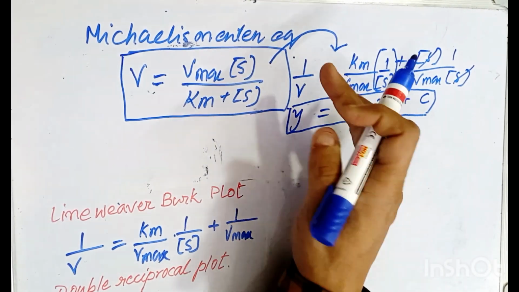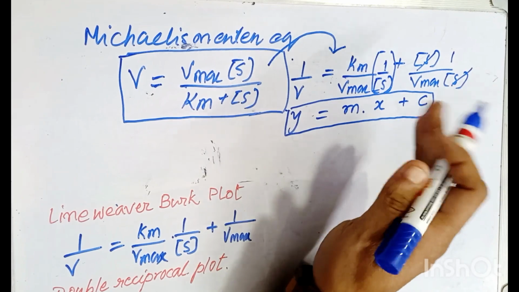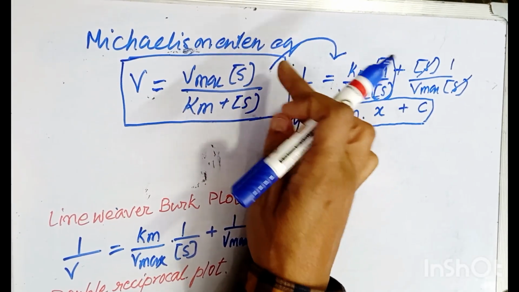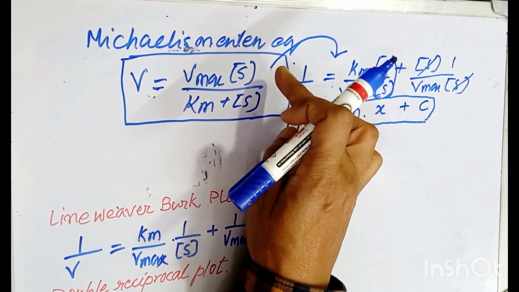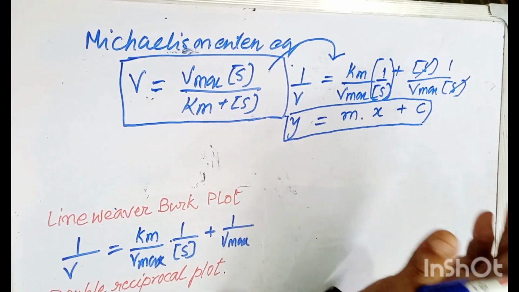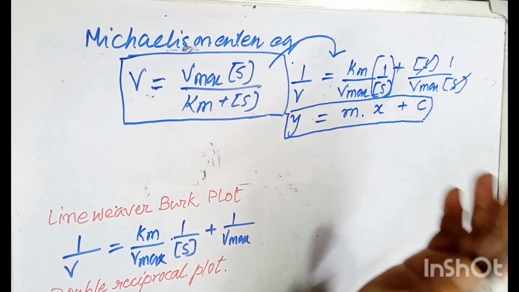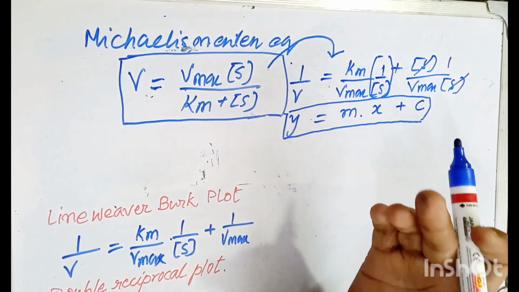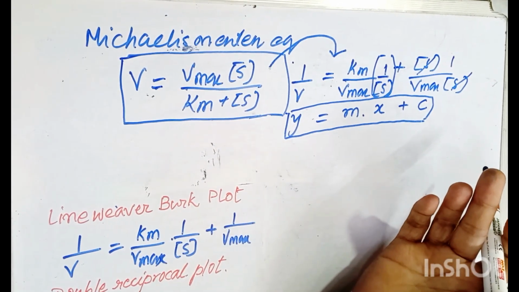We have written it as 1 by V, and here also the numerator and the denominator got reciprocated. So it's a double reciprocal plot. We say it as the double reciprocal plot, or the linear transformation of the Michaelis Menten equation.